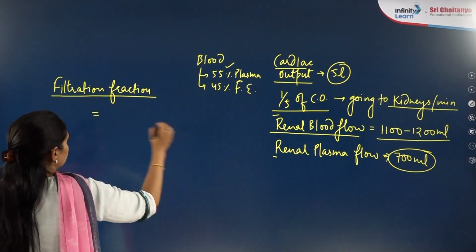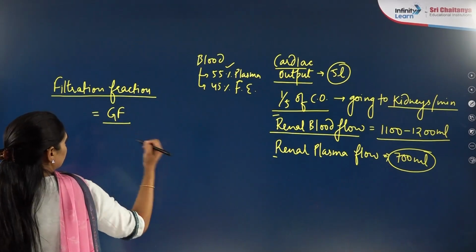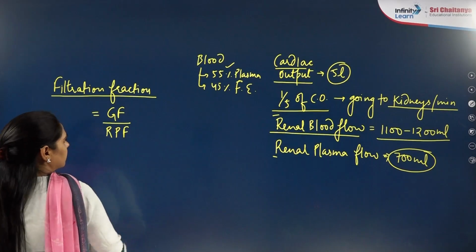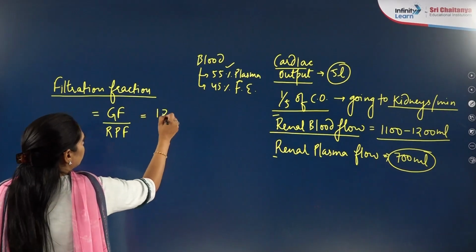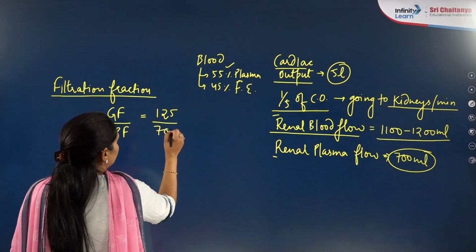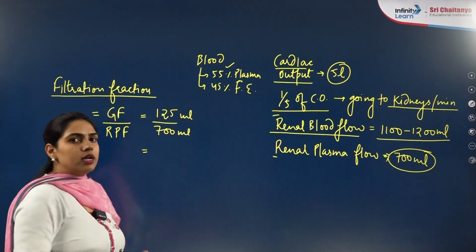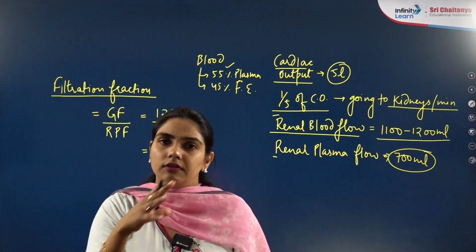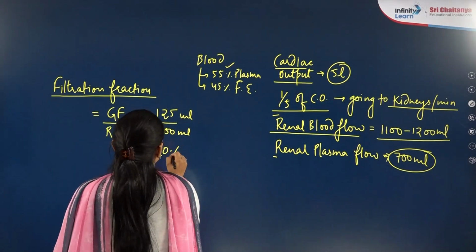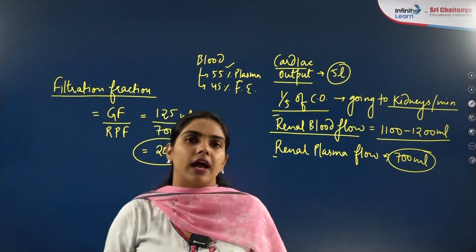Filtration fraction is glomerular filtrate formed per minute divided by renal plasma flow per minute. This is equal to 125 ml upon 700 ml. So it will be nearly equal to 18 point something and we will take it to 20. So it will be 20%. So if somebody asks you, what is the filtration fraction?